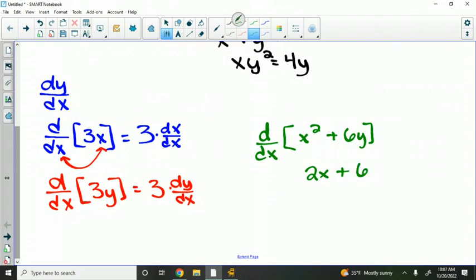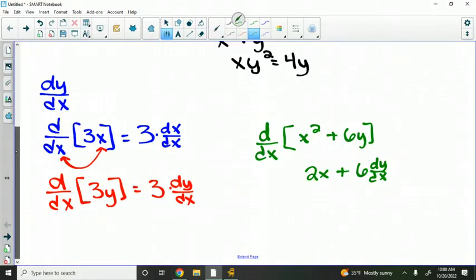But now because the variables don't match, we attach a dy dx there. And that's the basic idea. Of course, I'm going to show you some complex issues to it, but this is the basic idea of what we're doing with implicit differentiation.